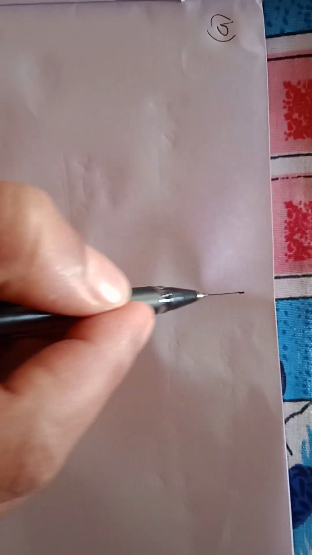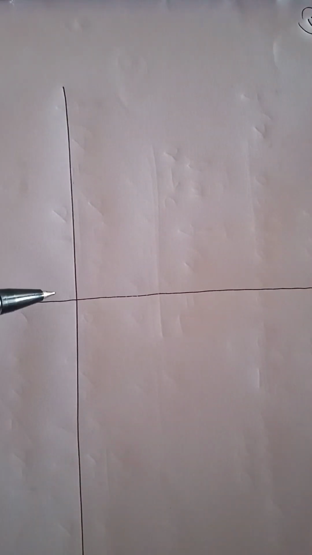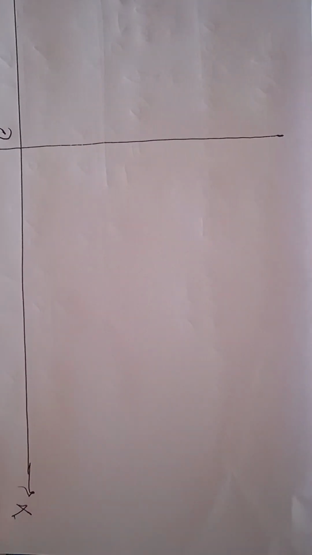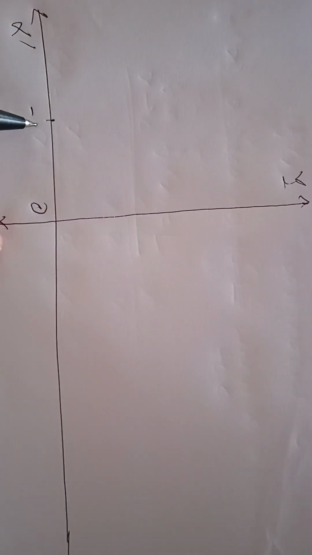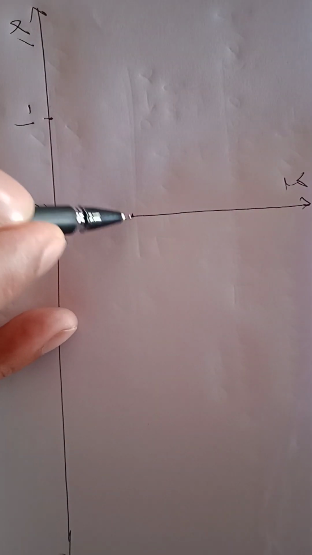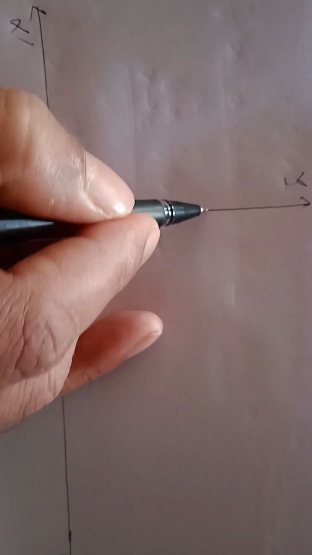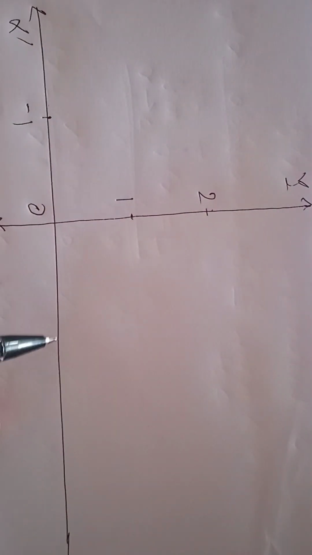This is the y-axis, this is the x-axis. Suppose this is minus 1, this is 1, this is 2, and this is 1.